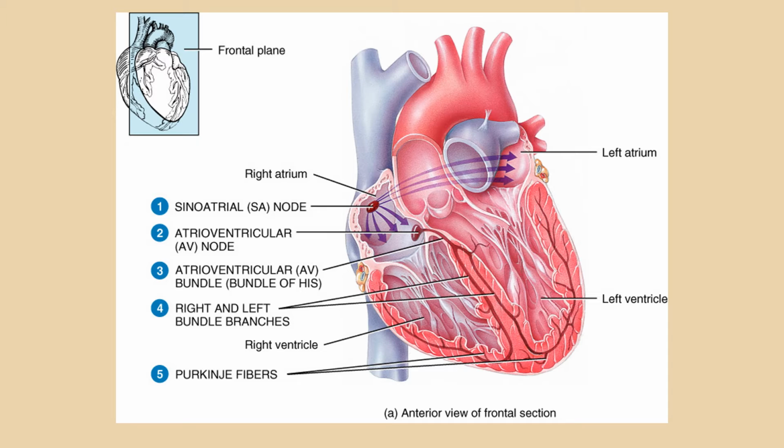The autorhythmic fibers make up the structures of the intrinsic conduction system of the heart, and those structures are shown here. There are 5 structures in the intrinsic conduction system of the heart: the SA node, the AV node, the AV bundle, the right and left bundle branches, and the Purkinje fibers. And these are all made up of autorhythmic cells, and they are responsible for, in a very rhythmic fashion, generating action potentials and transmitting those action potentials to the surrounding contractile fibers.